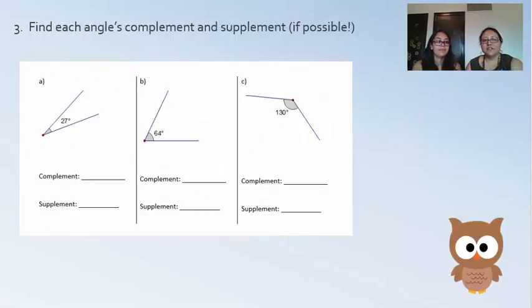All right, so moving on to the next slide, we have find each angle's complement and supplement if possible. So we have this angle of 27. To find the complement, we would do 90 minus 27. If we put that in our calculators, that would be 63. And then for the supplement, we have 180 minus 27.